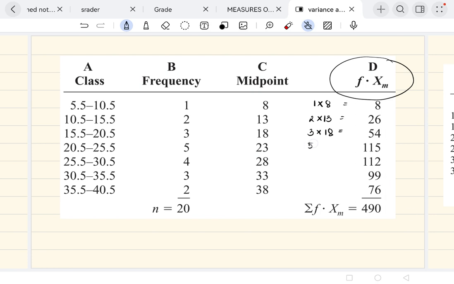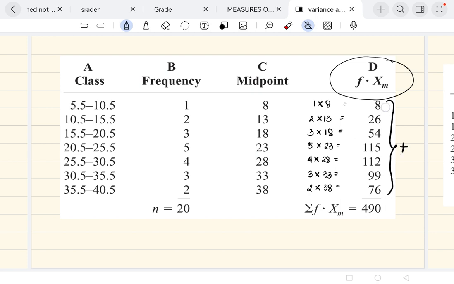Next, 5 times 23, that is 115. 4 times 28, that is 112. Next, 3 times 33, that is 99. And the last one is 2 times 38, that is 76. After finding the frequency times the midpoint, we find the sum of this column.